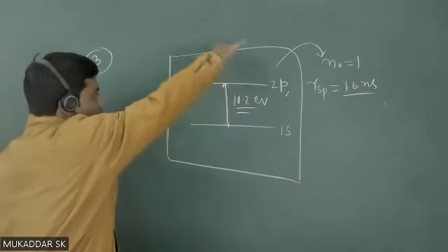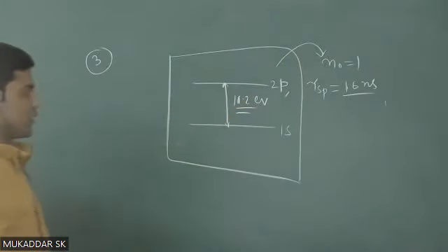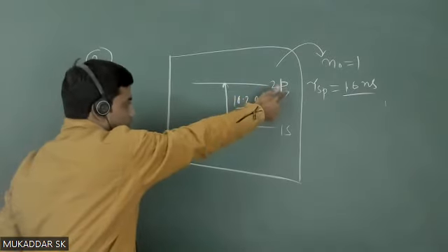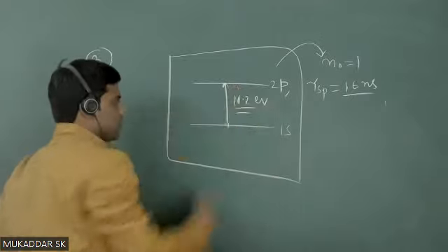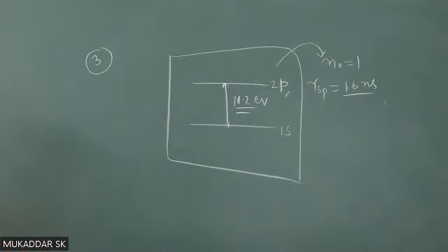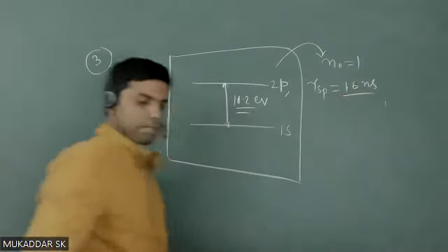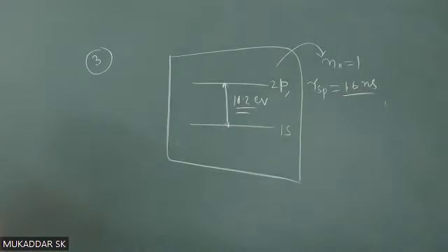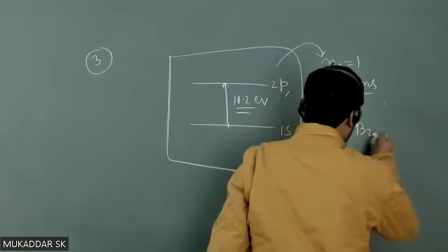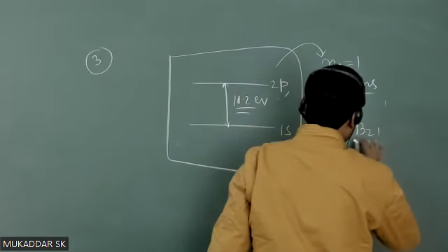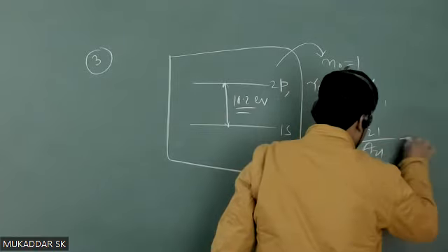It means the atom is in air, refractive index N naught equals 1. The separation between the two levels, the 2p level of the hydrogen atom and the ground state, is 10.2 electron volt, and the spontaneous lifetime of the 2p level is 1.6 nanosecond. From this information, you have to calculate the ratio of the probability of stimulated emission to that of spontaneous emission.